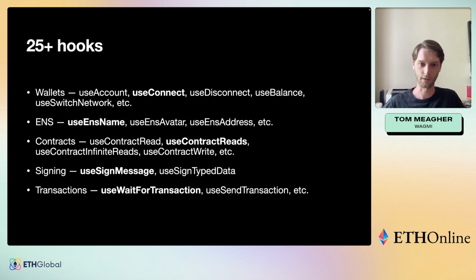We have a hook called useContractReads, which behind the scenes does multicall, and which will save you a lot of money on your RPC requests, and falls back to regular reading if the chain you're using doesn't support multicall. useSignMessage is useful for signing basic messages with personal sign, but also if you're trying to do anything with Sign-In with Ethereum, you should check that hook out.